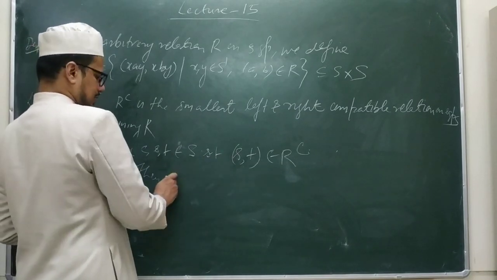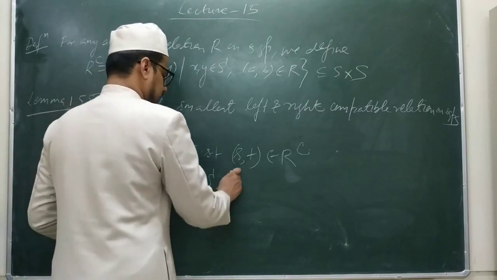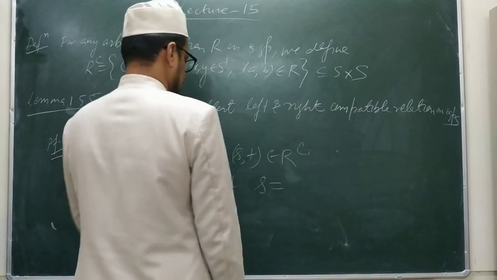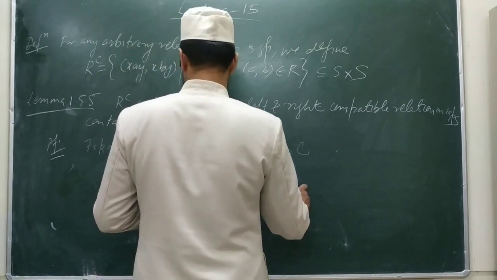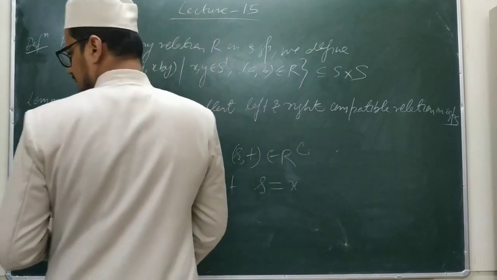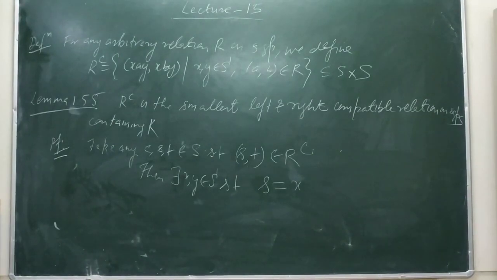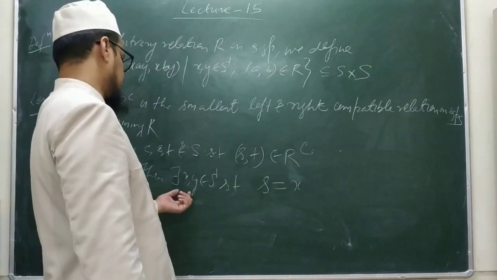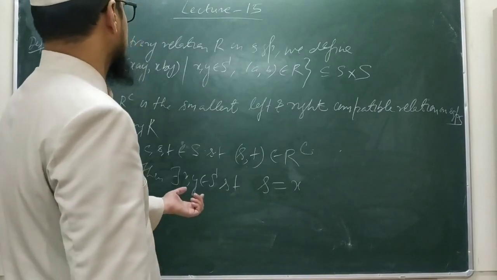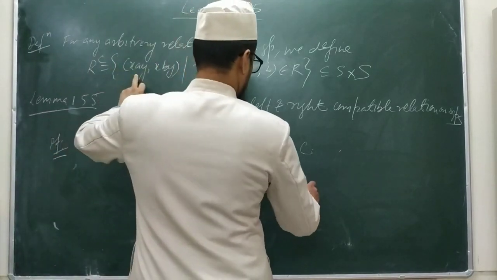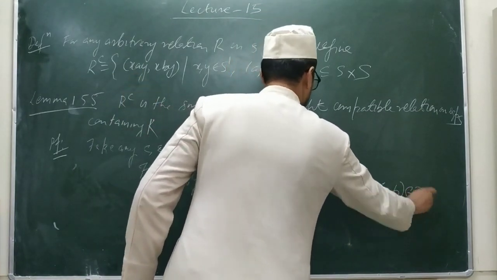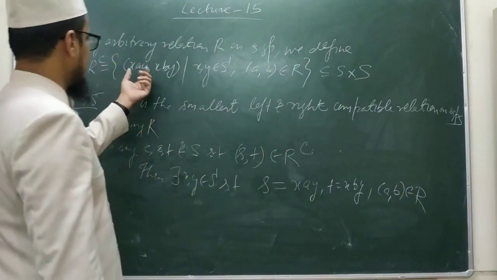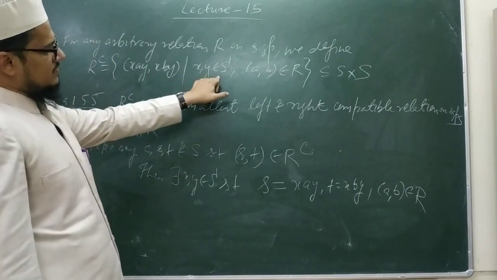Then there exist x, y belonging to S^1 such that s = xay and t = xby, where (a, b) goes in R. Because when (s, t) is in R^C, then s should be like this, t should be like this, where x, y are in S^1 and (a, b) is in R.